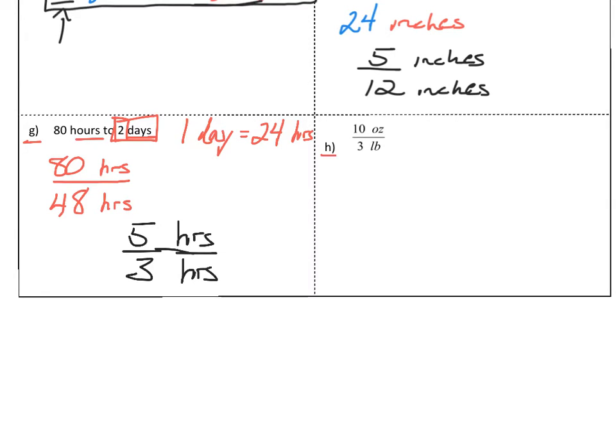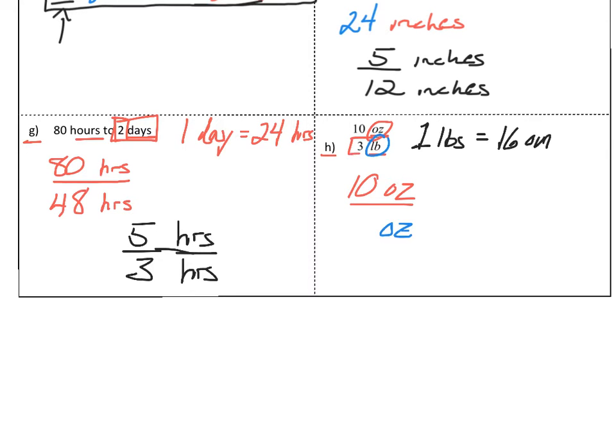Last one goes with weight, ounces and pounds. An ounce is smaller, so I'm going to keep the 10 ounces in the top part of my ratio, and I want to change that 3 pounds to ounces. So once again, we need to know how much is in 1 pound. So 1 pound is actually 16 ounces.